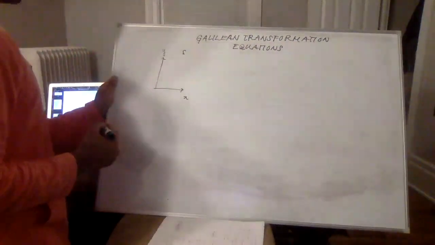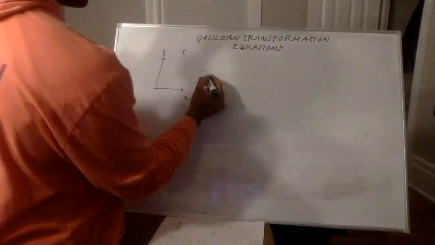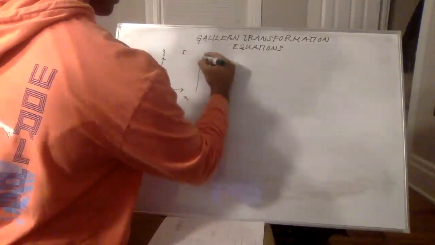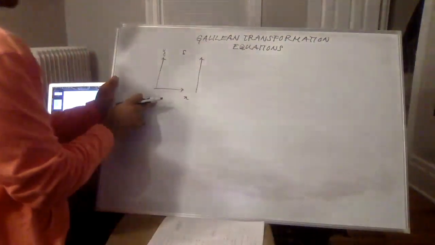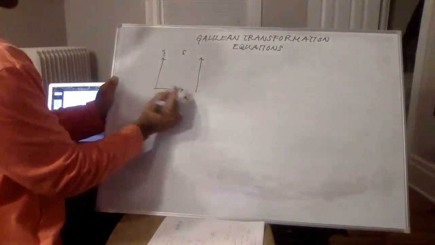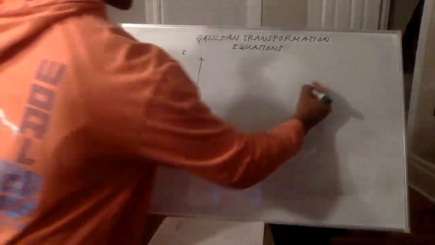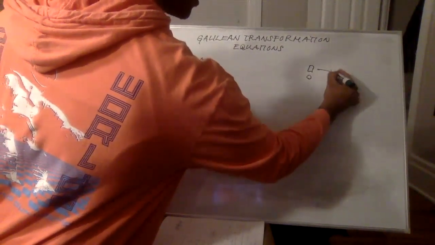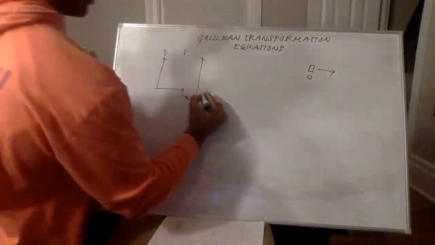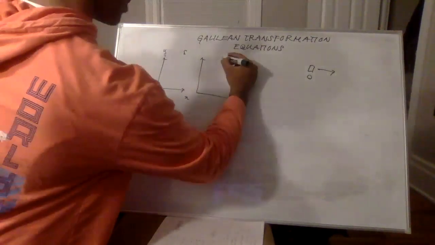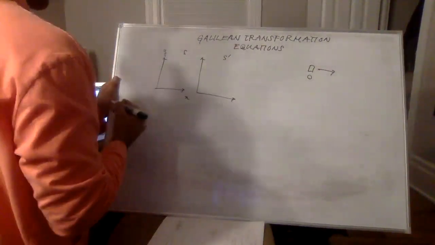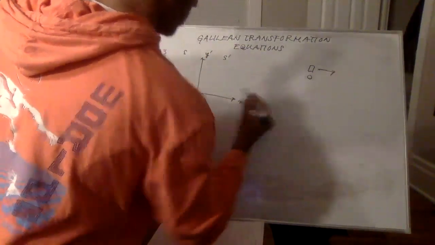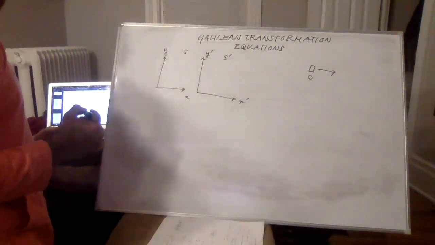And then we have a second reference frame that's moving at a velocity v, and it starts at the position that the resting frame is, and it's moving. So think of a car starting at a certain point with an observer, and then the car starts taking off, right? We call that S prime, so this will be y prime, x prime.